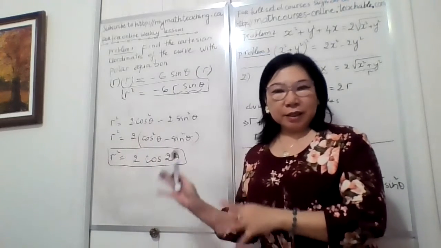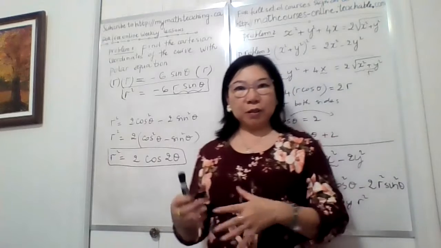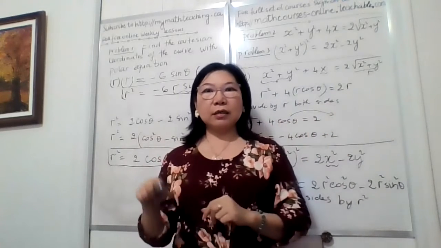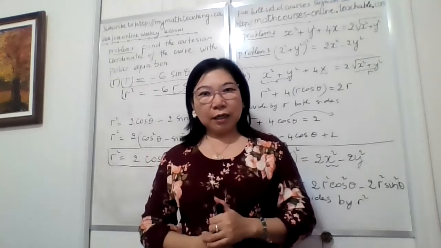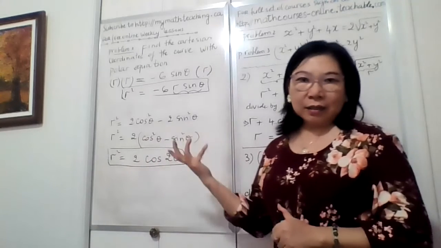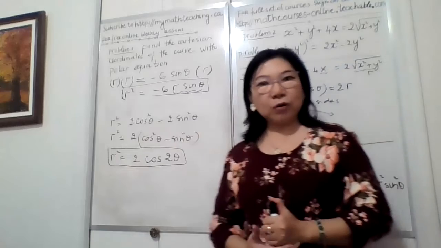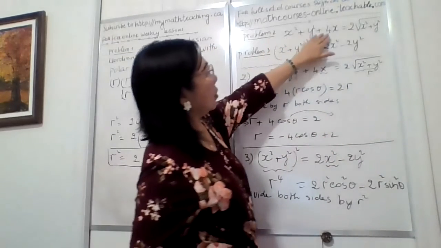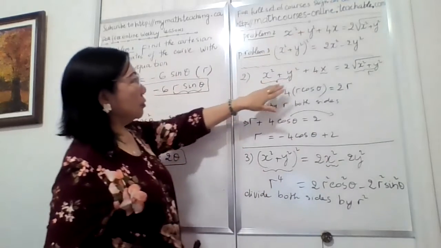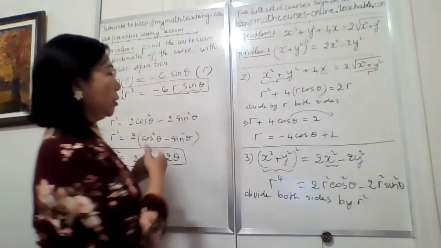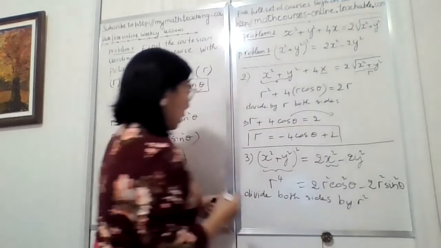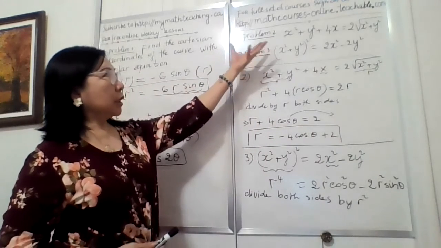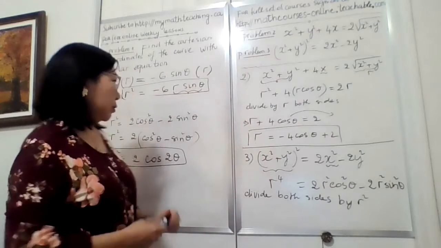In this lesson, I show you how to convert from the given polar equation back to the Cartesian equation, and vice versa. So here I showed you how to convert from the Cartesian equation to polar equation, and there are 2 questions.